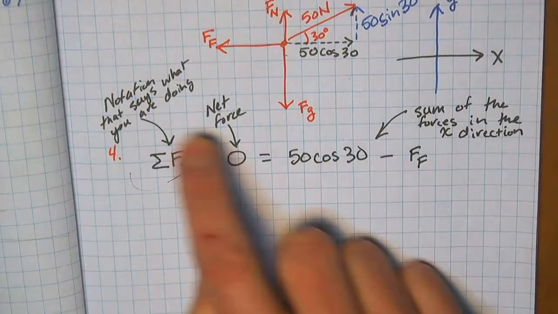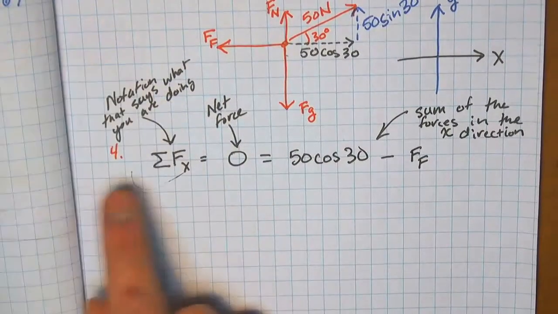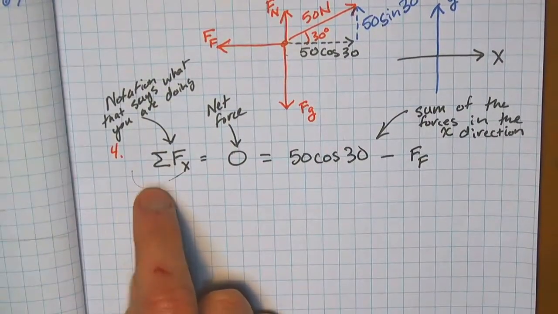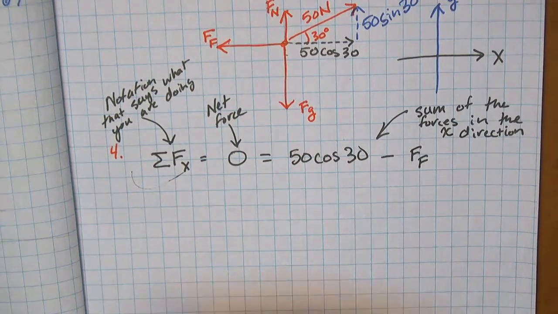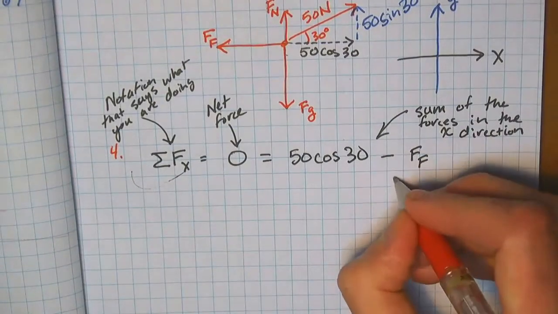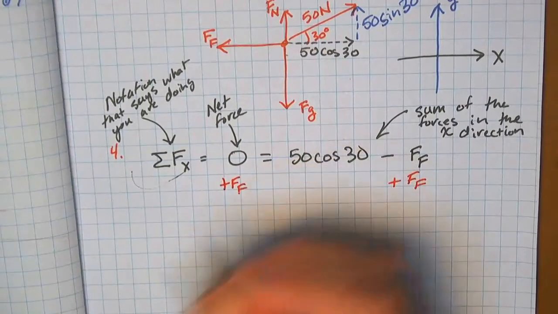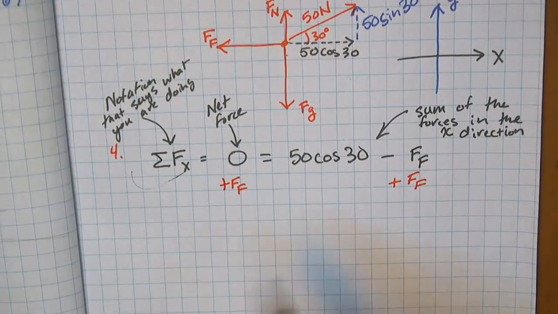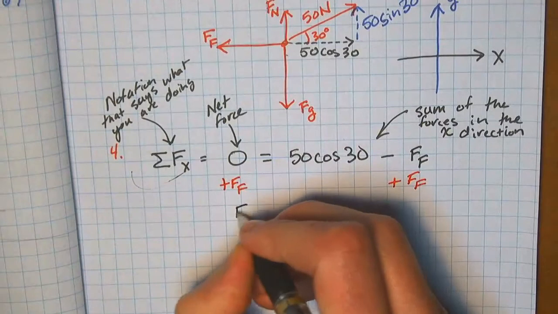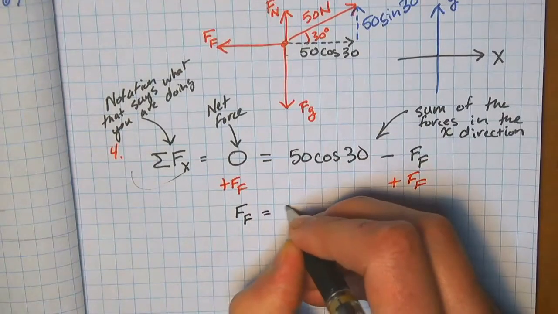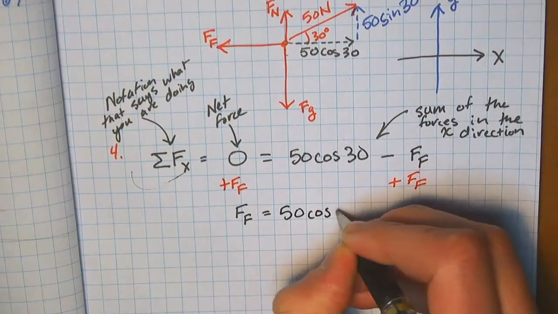Okay, now as we move on, we can kind of ignore that the notation sits there. You still need to put it there. I want to see that, but that's just to keep yourself organized. So the next step for us is going to be to add the force of friction to the other side. So that's going to give us force of friction is equal to 50 cosine 30.